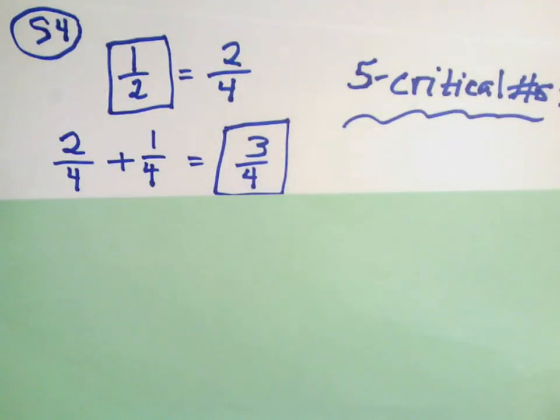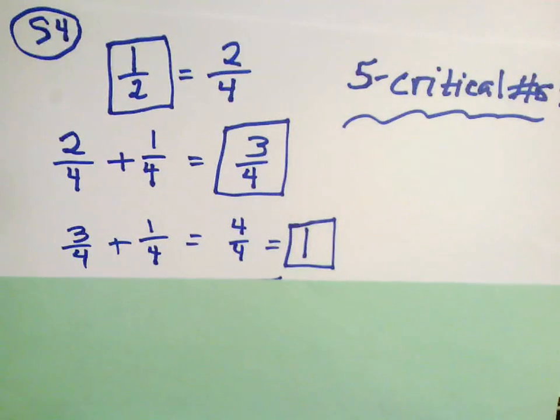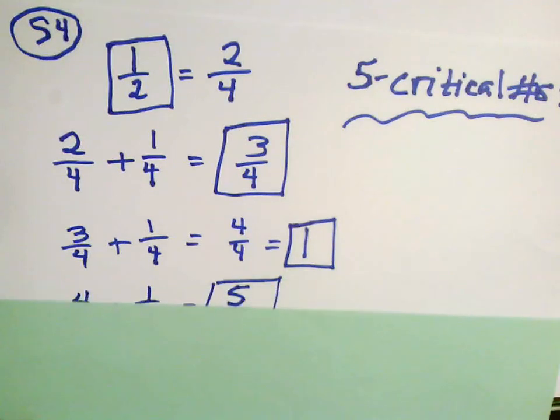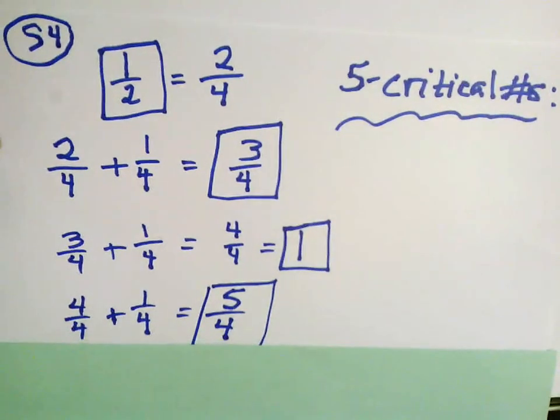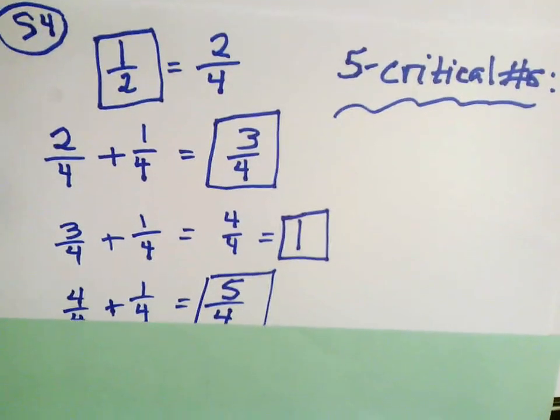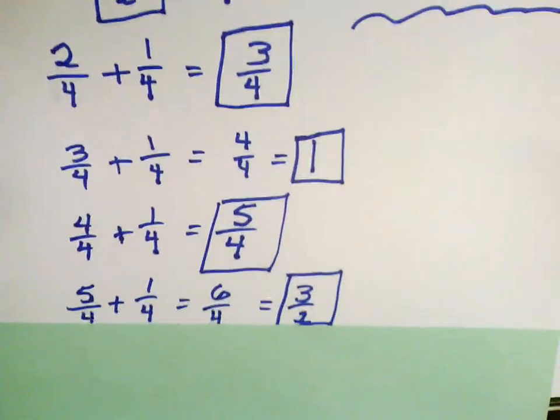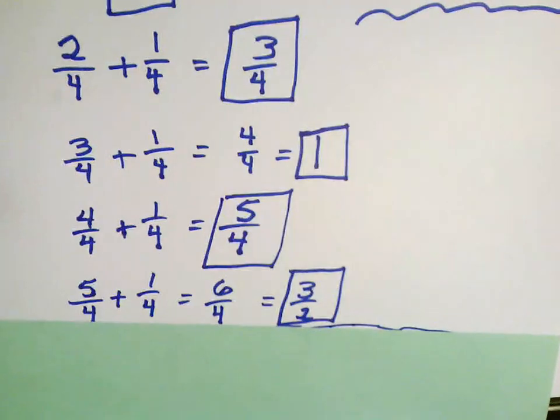So 2/4 plus my increment, 1/4, gives me 3/4, which is the second critical number. 3/4 plus 1/4, the increment, gives me 4/4, which is 1, our third critical number. 1 is the same thing as 4/4 plus 1/4, gives us 5/4. And then 5/4 plus 1/4 gives us 6/4, which reduces to 3/2.